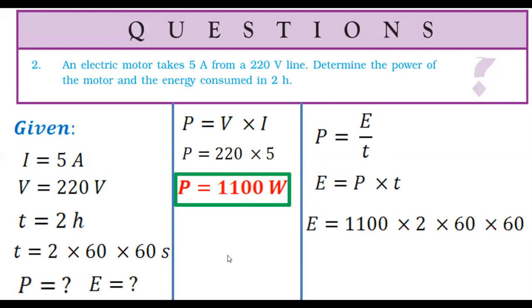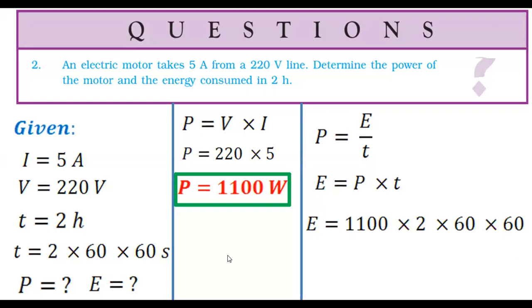Okay, Sanskriti, what are you giving? 132,000 joules. Okay. Rucha, what's your answer? 7.92 into 10 to the power 6. Rucha, your answer seems wrong. Check it again. I think there is some mistake. Fine. So many students are giving the answer as 792,000.